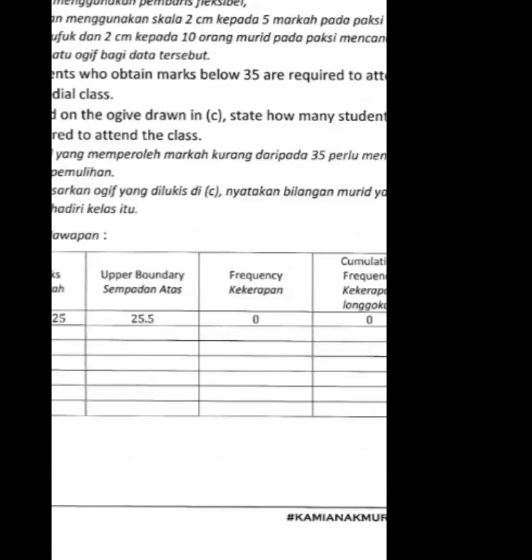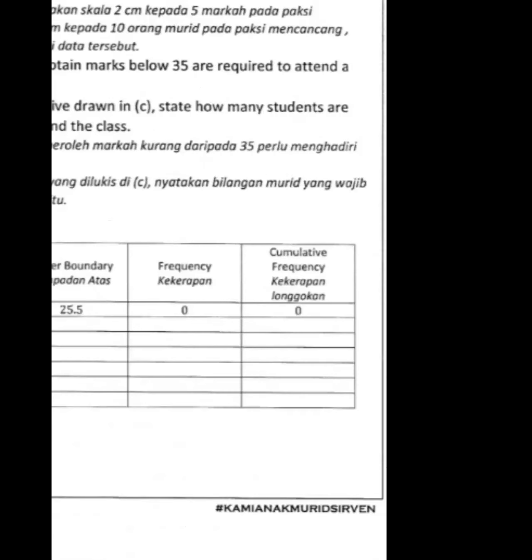And then you can find the frequency as well, because in a frequency polygon the number of students is on the y-axis, and the x-axis is the midpoint. So you can find the frequency easily, like what I said just now. It's almost the same as question 1.